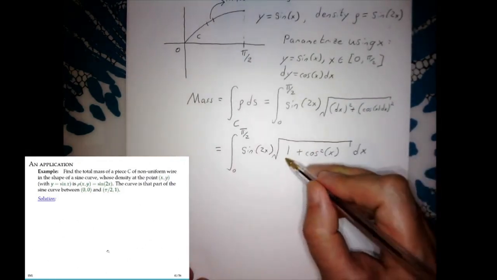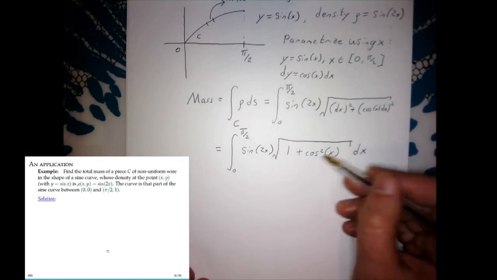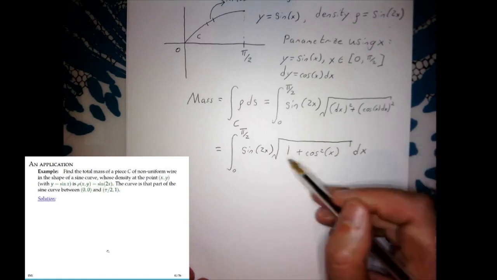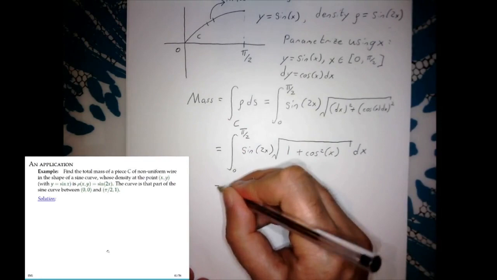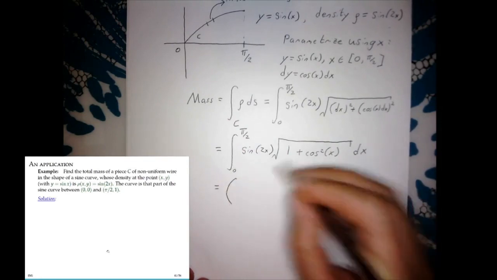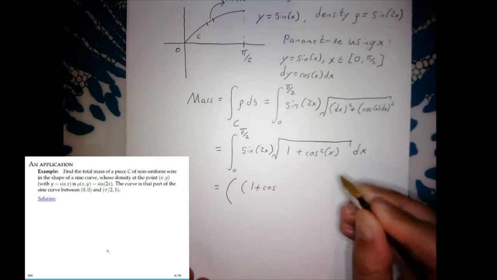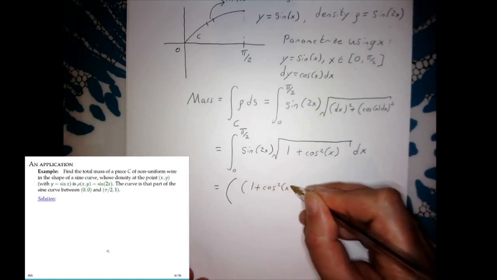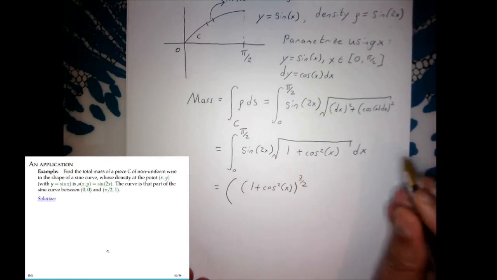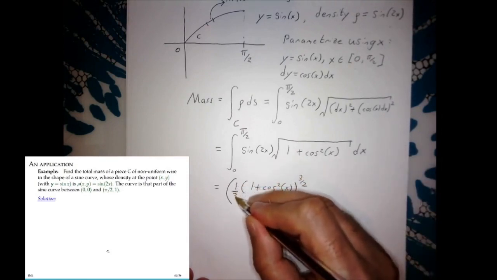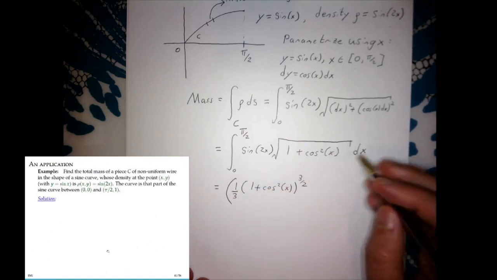And again, as in the previous examples in this video, we can use u substitution with u equal to what's inside the square root. So u equals 1 plus cosine squared in this case. And when we do that, the indefinite integral is 1 plus cosine squared of x to the 3 halves. And we need to divide by 3 in order to counteract the 3 in the exponent here.